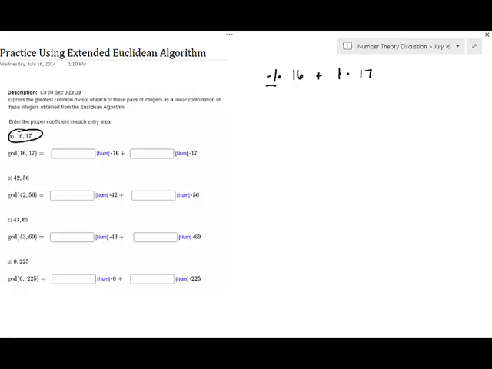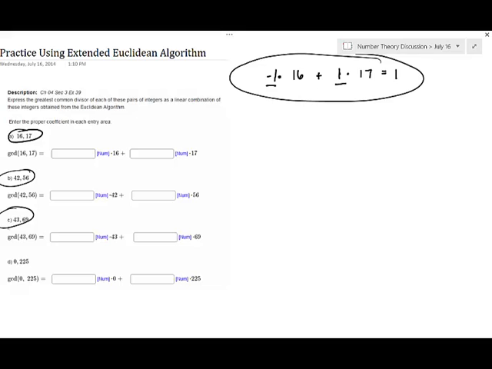So negative 1 times 16 plus 1 times 17 is 1. And so actually this is going to be the linear combination that we obtain, hopefully, if we do all the steps right. Usually when we get into bigger numbers, this linear combination could be a lot trickier to see.